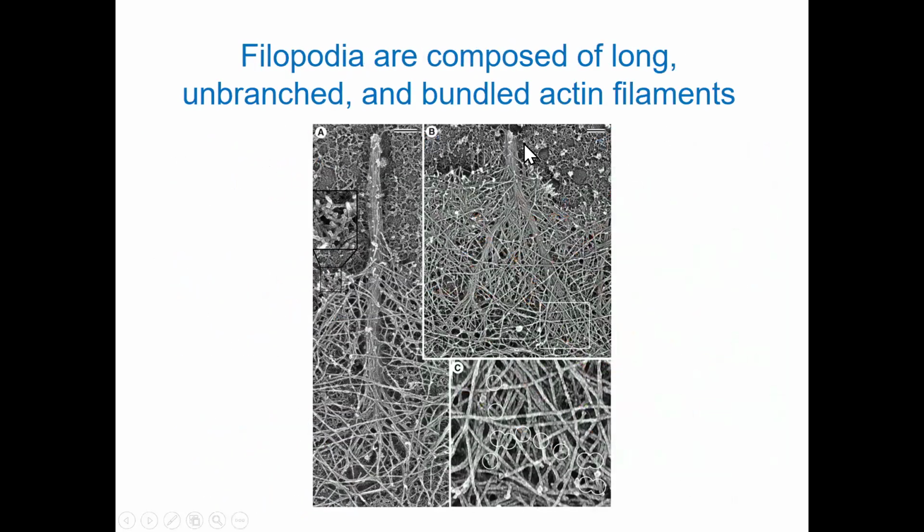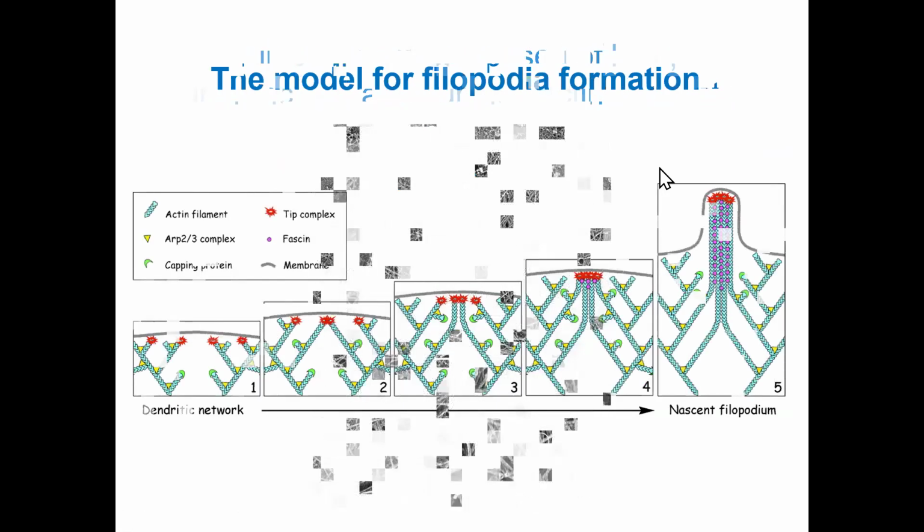Here you can see, very interestingly, the finger-like structure, filopodia, a long structure; the cell extends like this way. The proteins you cannot see visibly because they are incredibly small, nanometer in size. An electron microscope can visualize them.